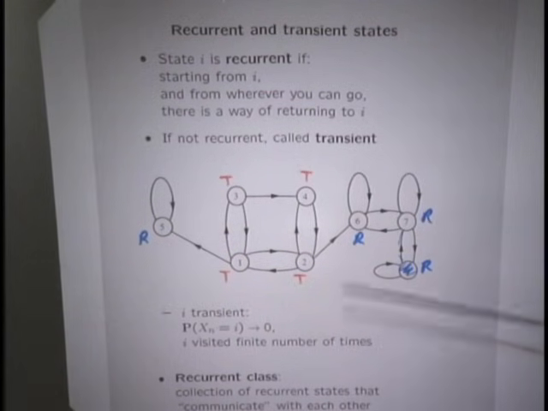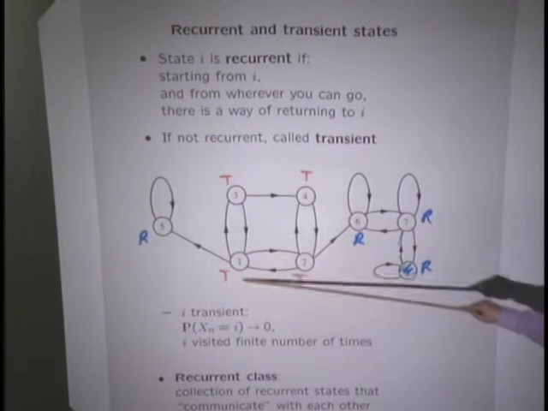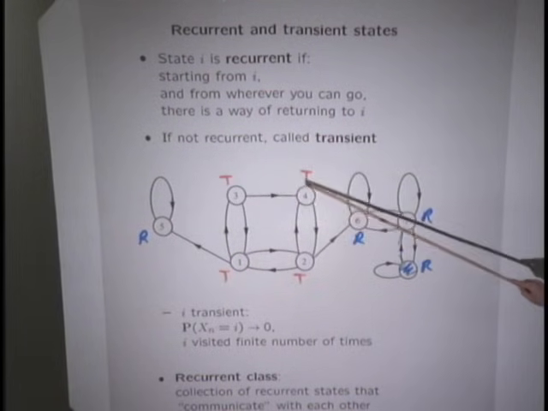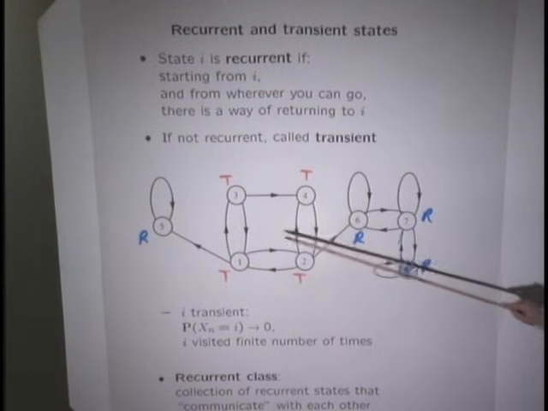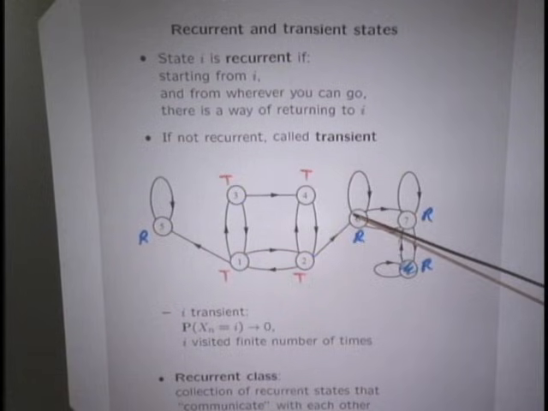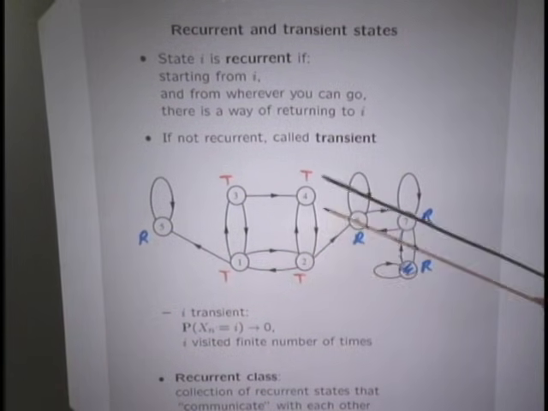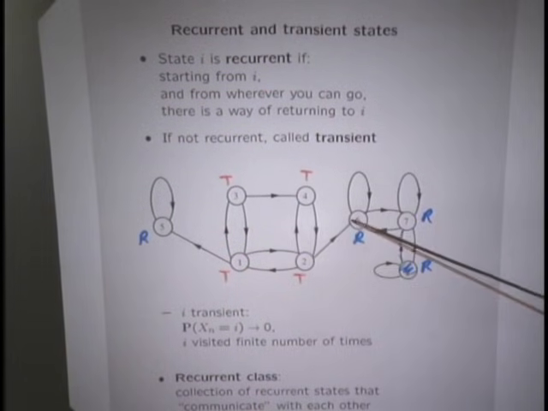So let's see, in this diagram, if I start here, could I stay in this lump of states forever? As long as I'm staying in this lump of states, I will keep visiting states 1 and 2. Each time that I visit state 2, there's going to be a positive probability that I escape. So in the long run, if I were to stay here, I would visit state 2 an infinite number of times, and I would get infinite chances to escape.